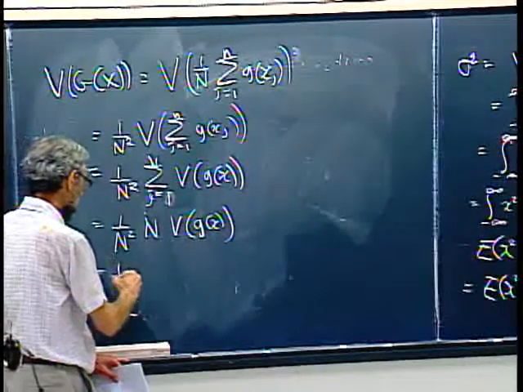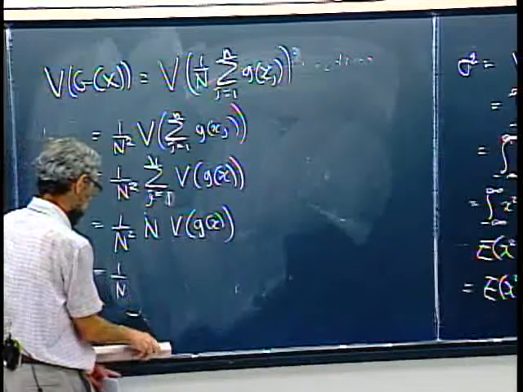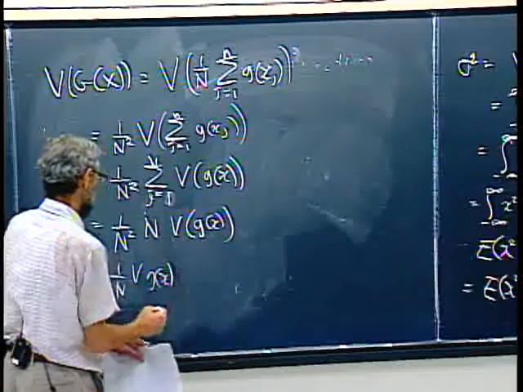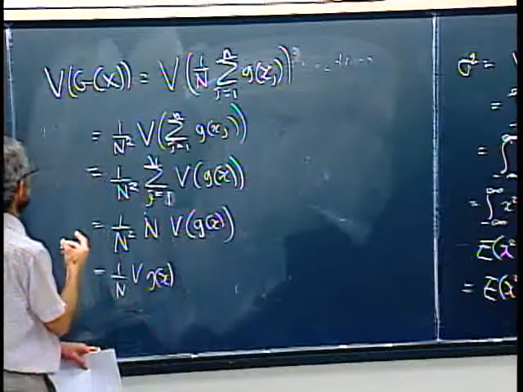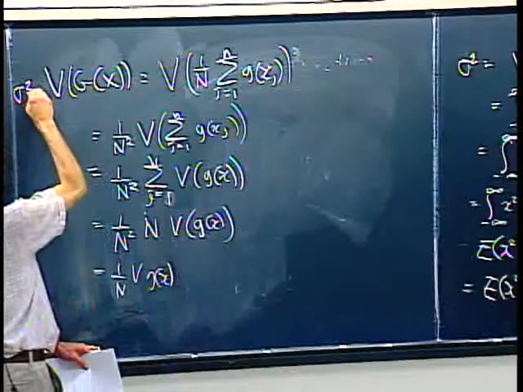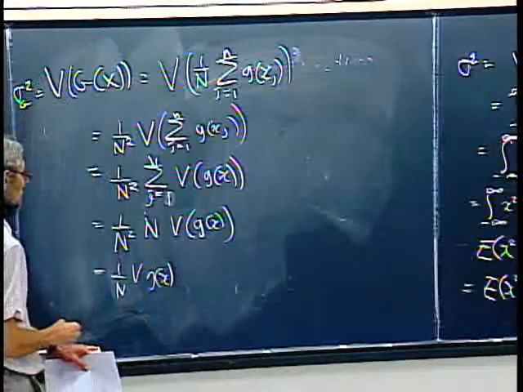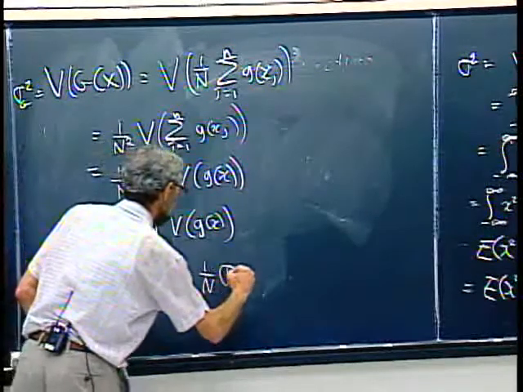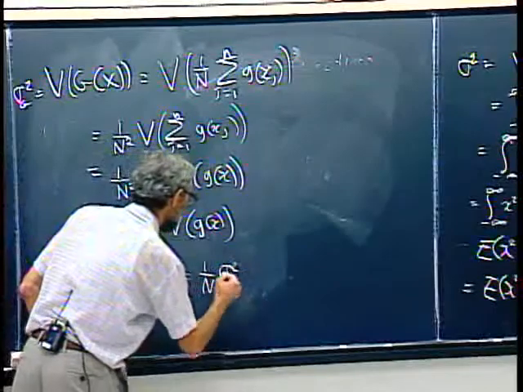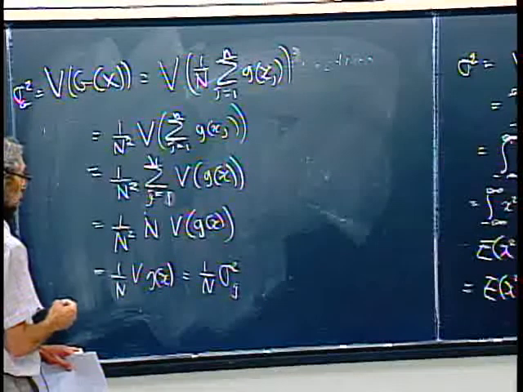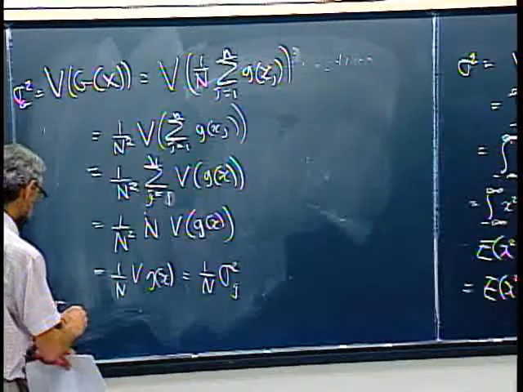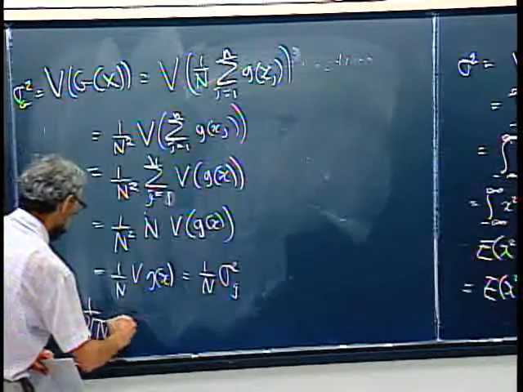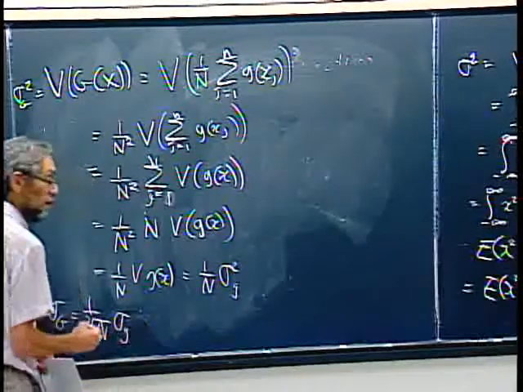I still have 1 over n in the denominator. So in a sense, if I think of this as sigma squared for g, and this as sigma squared for lowercase g, then I can say sigma for the average is 1 over the square root of n times sigma for one trial.